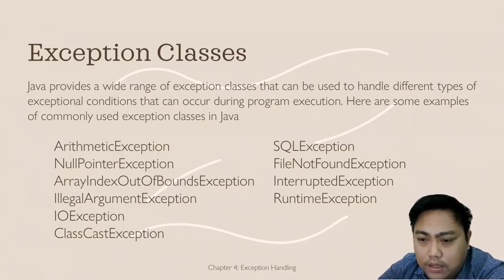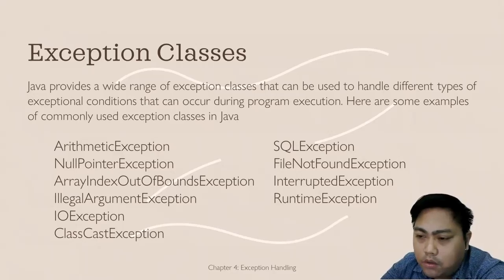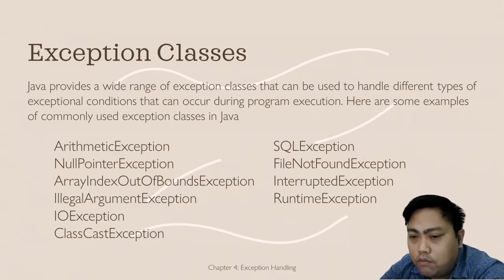Then we have the IOException. IOException is thrown when an IO operation fails, such as when reading or writing a file. Then we have the SQLException. This is thrown when an error occurs while accessing a database, so we can use SQLException when accessing our database.